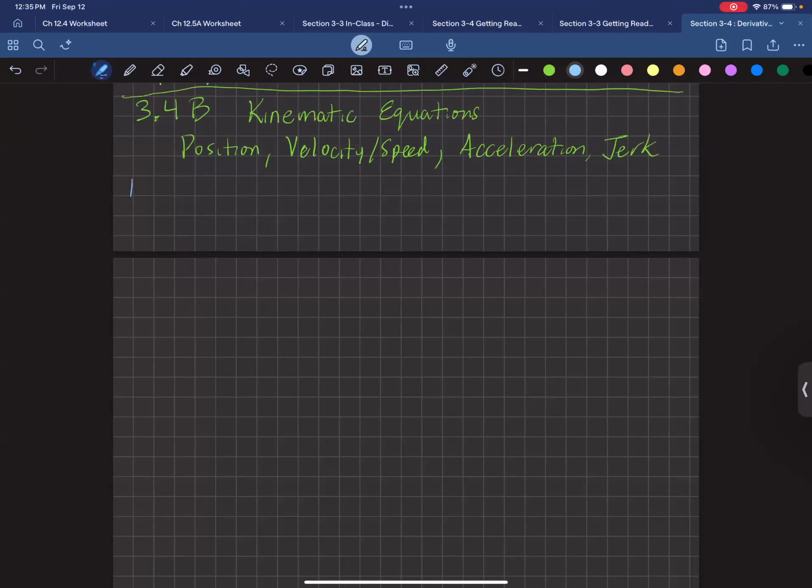So, position. We've seen this. We've used this. Position is S of t. That's our position function.